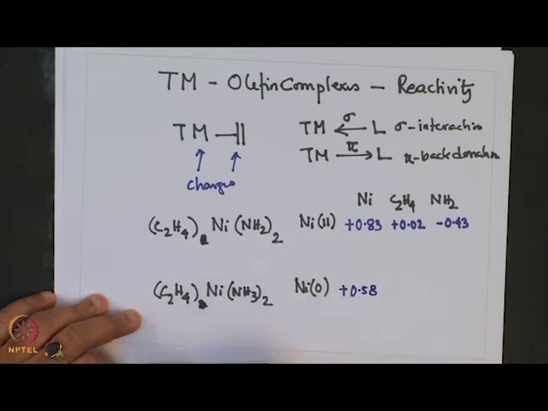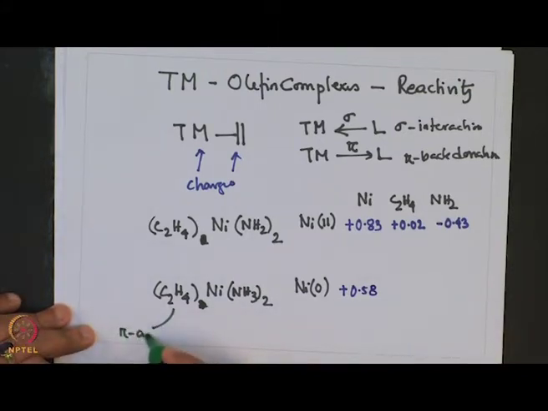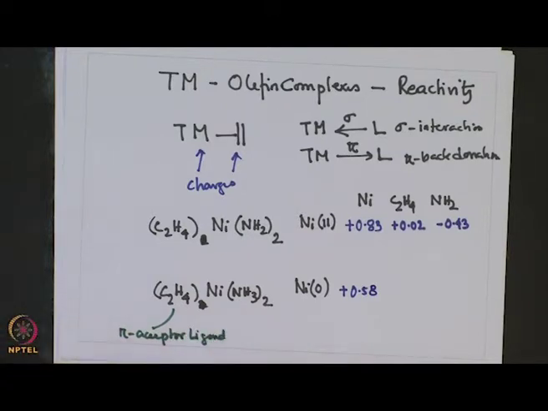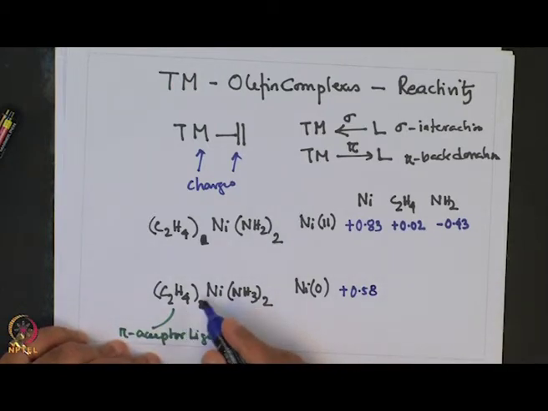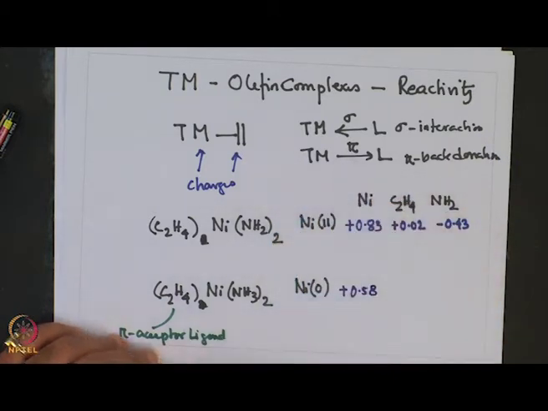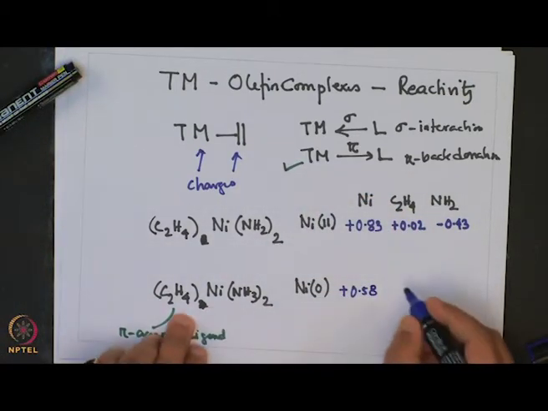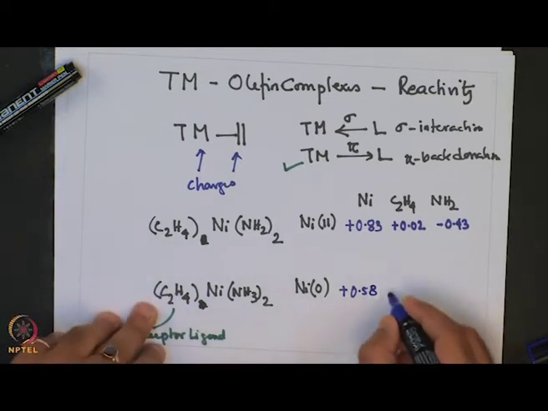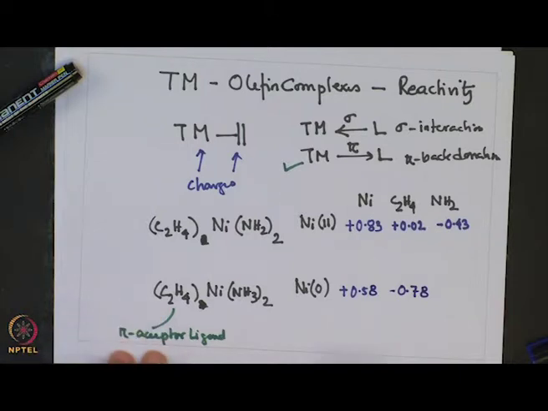and the pi accepting ligand is the alkene, which has received electron density from the metal. So, that means there is a predominance of this transition metal to ligand pi interaction. As a result, the alkene has become negative now, and the metal has become positive.